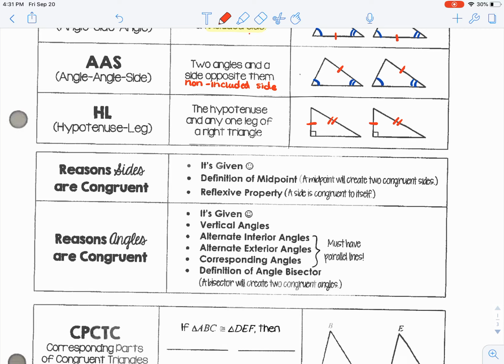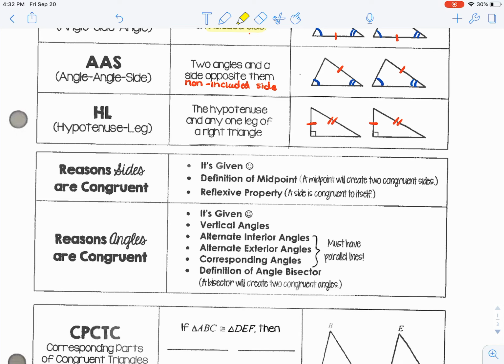One thing that we've talked about is how when you're doing a proof, your reasons can be definitions, postulates, properties, and theorems. So here you have a quick reference guide for reasons that sides are congruent. An obvious reason could be that it's given to you in a proof.